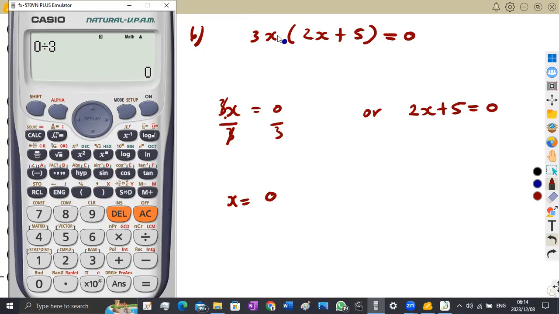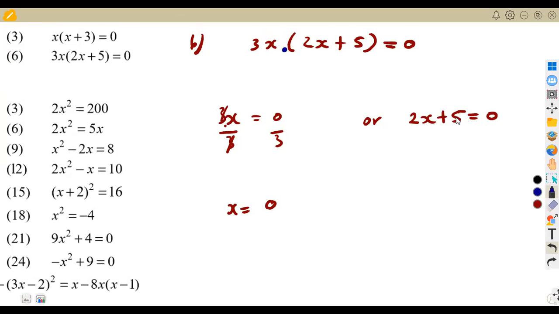All right, on the other hand, we're going to transpose the 5 to the other side of the equation, the right-hand side, and this is going to be a negative 5. If you transpose 5 to that side, it is going to be a negative 5. So that means we're going to have 2x is equal to negative 5. Divide by 2, both sides, we obtain the value of x.